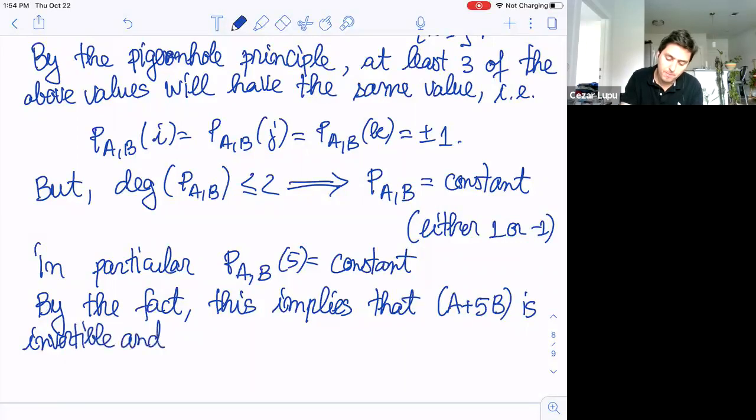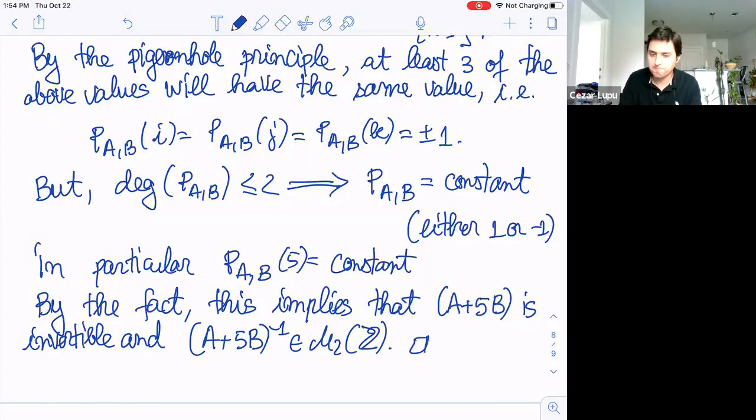And moreover, the inverse of A plus 5B is in M2 of Z. And that's it. Very beautiful problem.